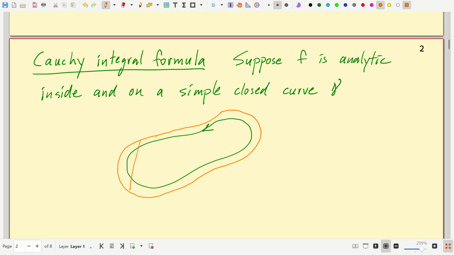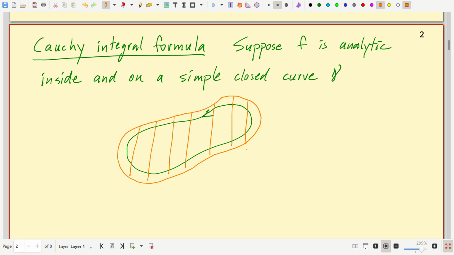So f would be analytic on this shaded region. And if you don't want to think about the Jordan curve theorem, then you give yourself a curve that has the property that it has an inside and an outside. Almost any curve you're going to draw is going to have that property, especially things like disks and squares. So my f is analytic on this shaded region.